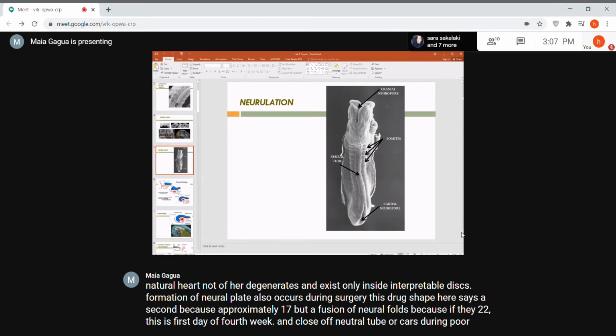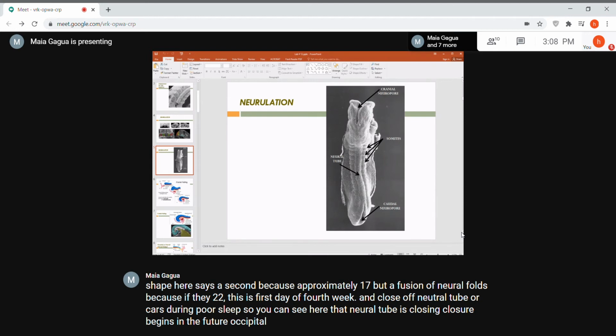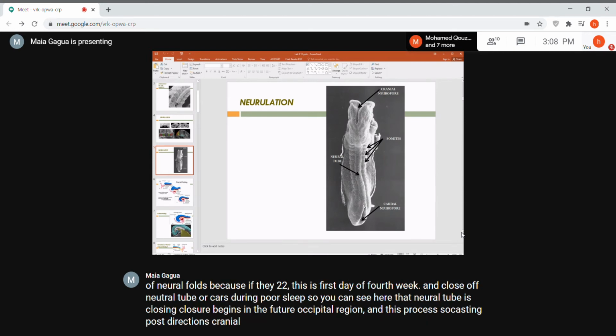So you can see here that neural tube is closing. Closure begins in the future occipital region, and this process occurs in both directions, craniocaudal directions.